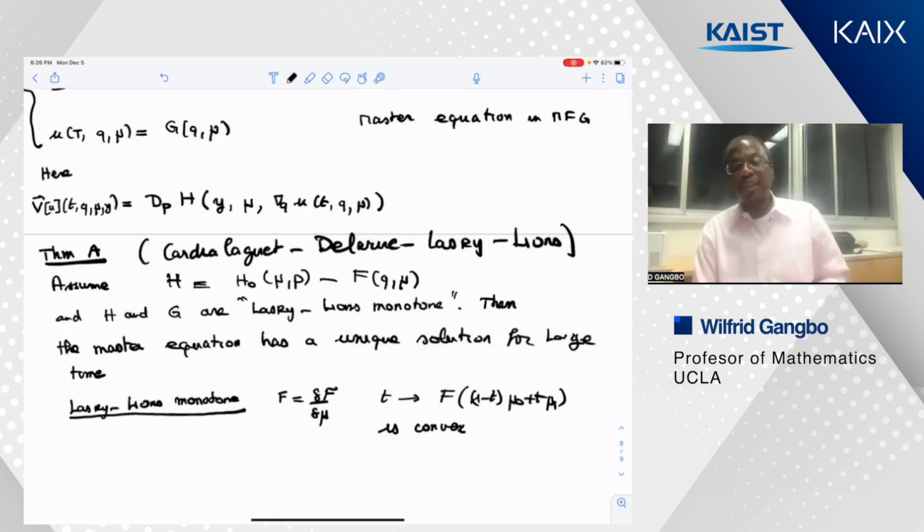So Lasry-Lions monotone, in the case where the force F is derived from a potential, is equivalent to convexity along traditional interpolation.